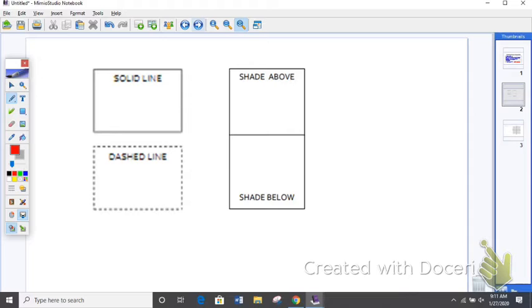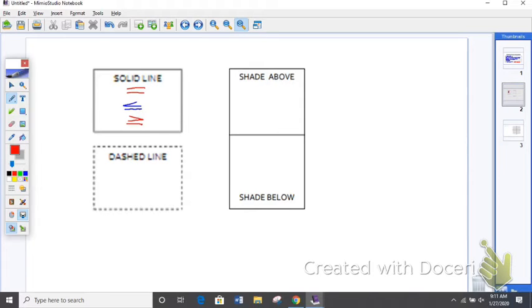The first one you see is for a solid line. Okay? We already know from equations that we use a solid line if it's an equal sign. With our inequalities that we're going to be working with, because solid is equal, our inequalities would be that less than or equal to sign and the greater than or equal to symbol.